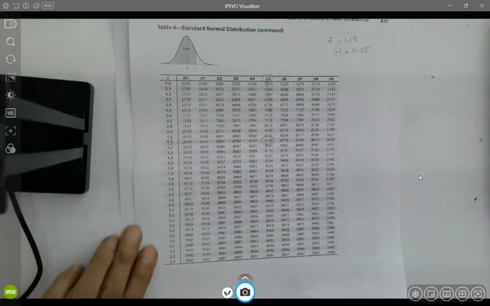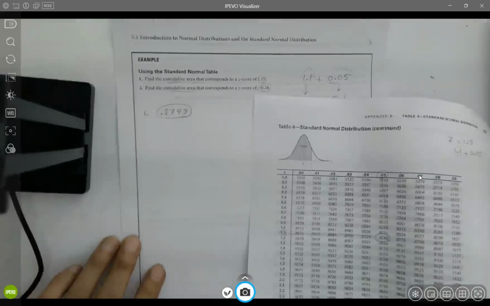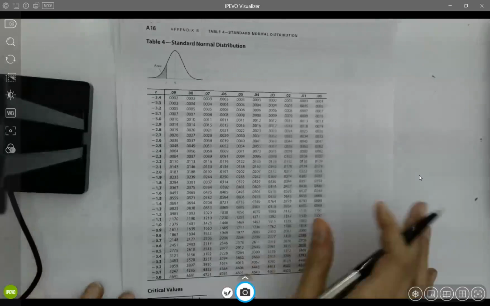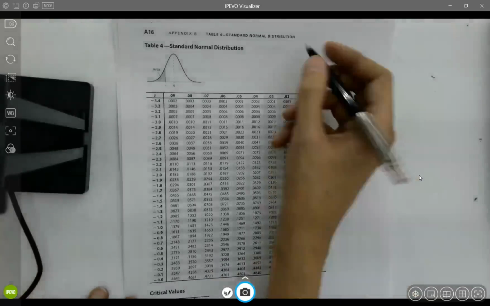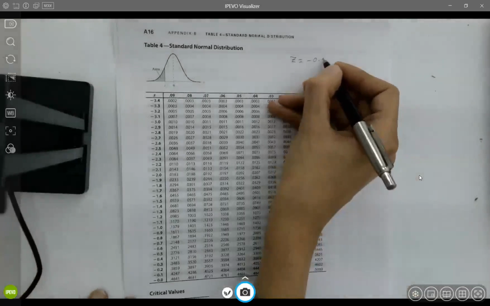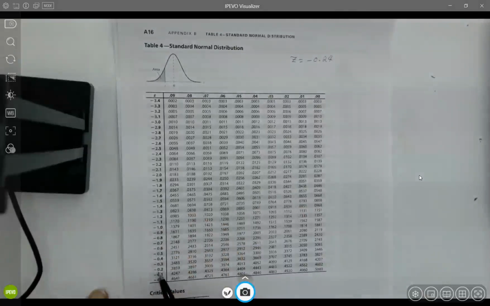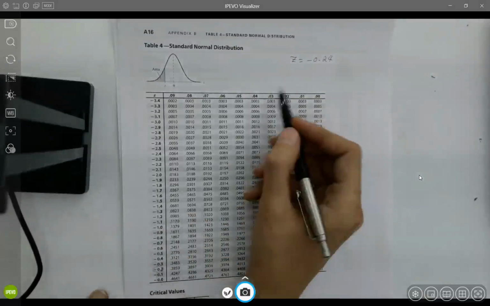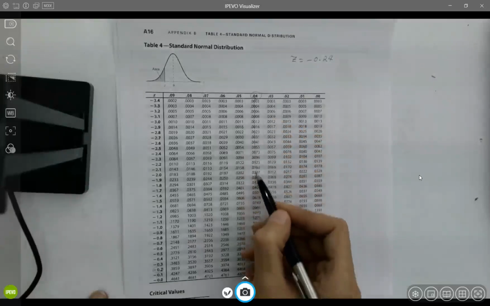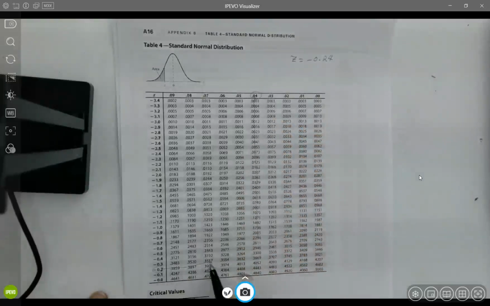Our Z is negative 0.24, so we have to take a look at negative z-scores. Negative 0.2 and 0.04. The intersection between these two gives you the cumulative area to the left side, which is 0.4052.